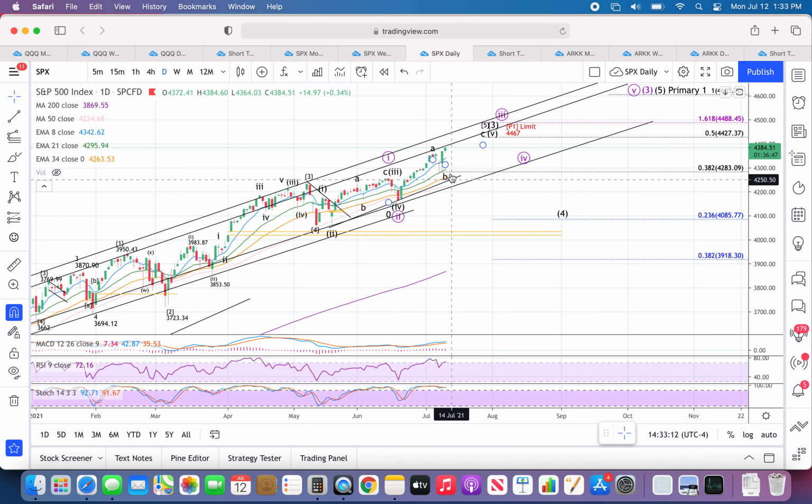So we had a pullback that could be a typical B wave, not really deep enough to be a more typical degree 2 wave, which I have seen out there on very, very bullish charts. That's why I'm sticking with the next 5 wave move off of last week's low, which I think could result here in quite a significant top.